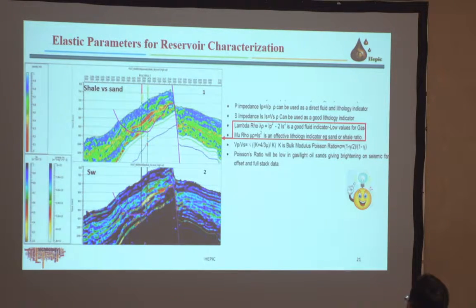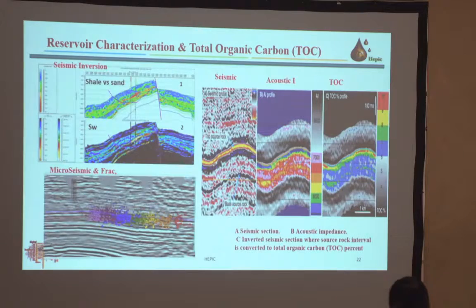So the best reservoirs are in blue, yellow and red, and you can see their distribution in this area. But also the other elastic parameter, lambda rho, can show the water saturation, and of course this is the hydrocarbon saturation area, and you can see the best reservoir also holds the best content of gas and oil.